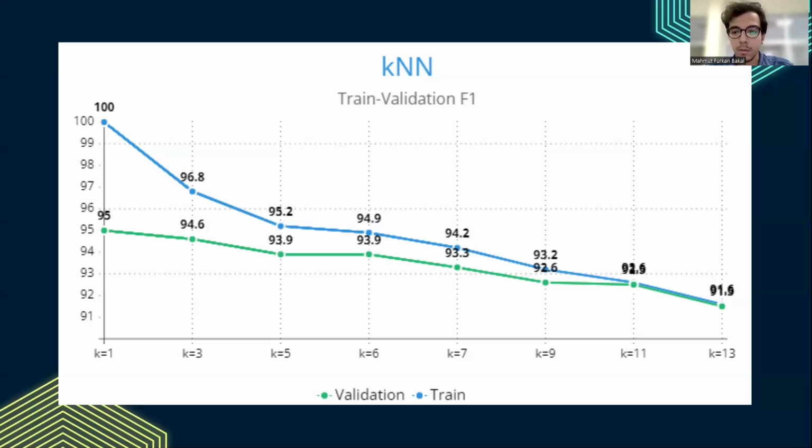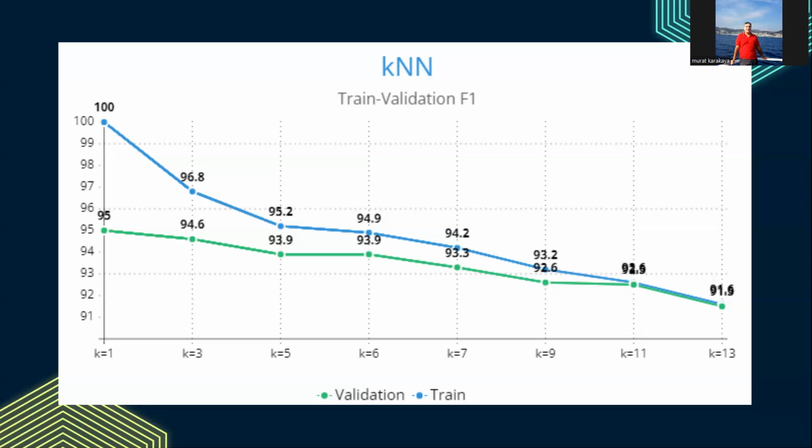Yes. Bora? I think our aim was to reduce the discrepancy between train and validation data, but I understand there might be some issue. If I were you, most probably I would choose K3 because the validation is high, and as I see from the figure, K1 is totally memorization, right?